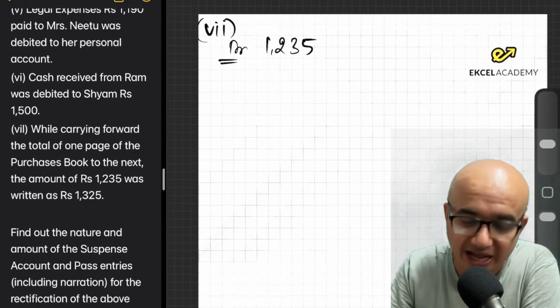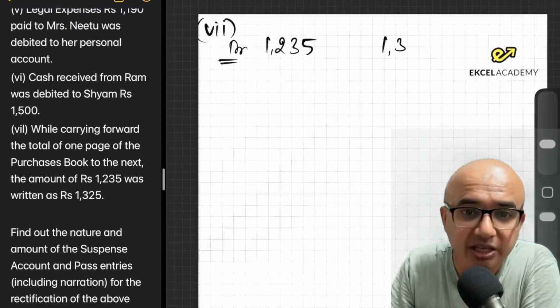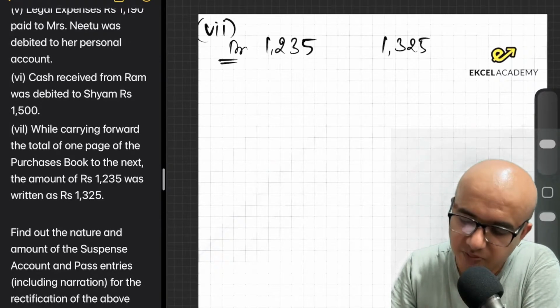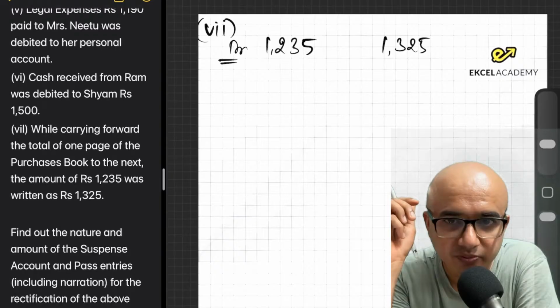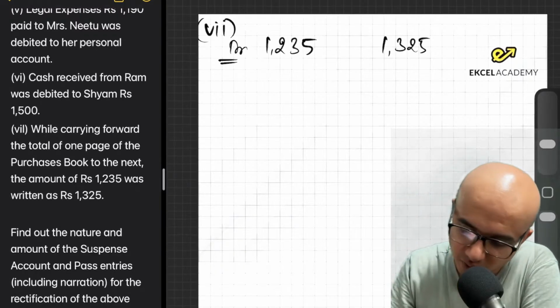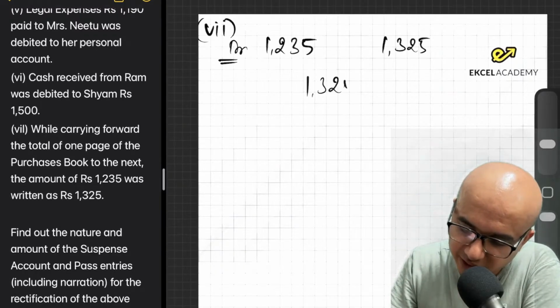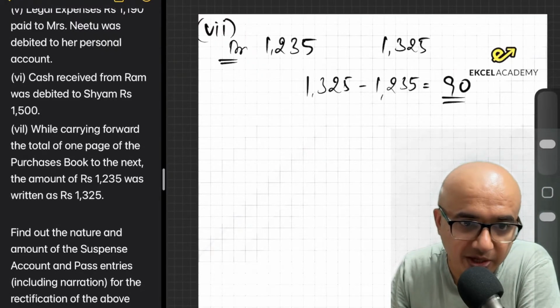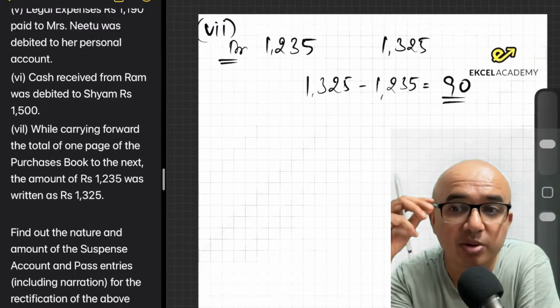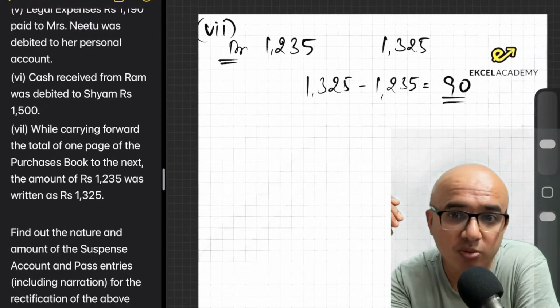This was shown as 1325. A mistake. So that means there is an excess debit of rupees 90. 1325 minus 1235, 90 rupees extra debit in the purchase book. That debit balance is more by 90 rupees.